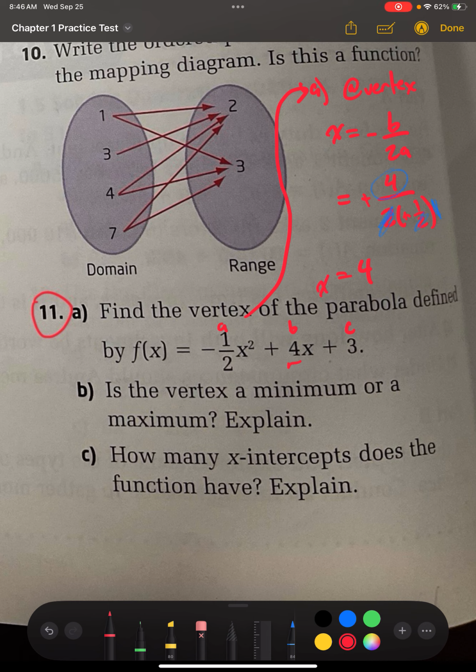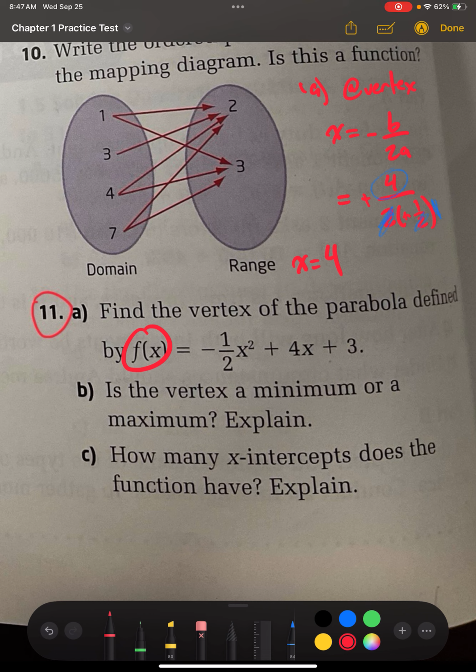Now the next step is to just substitute x right here and right here to find what f at x is. And that'll give me my y value of the vertex. So let's do that. Let's just write it up here. X is equal to 4. What are we left with?